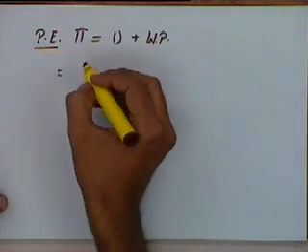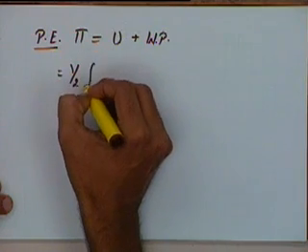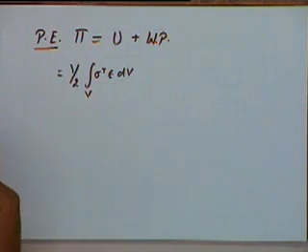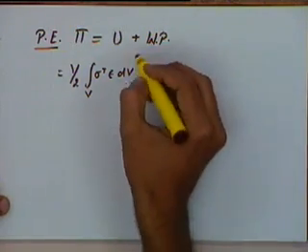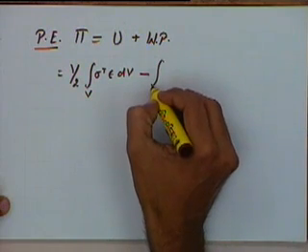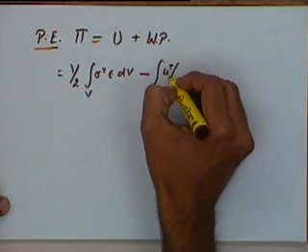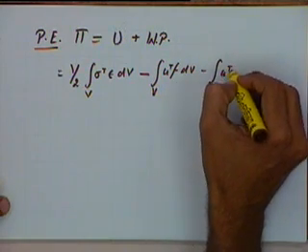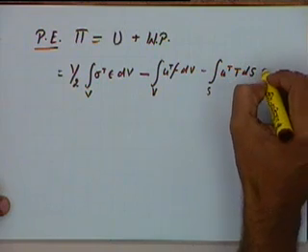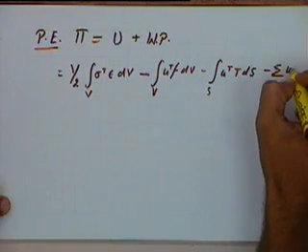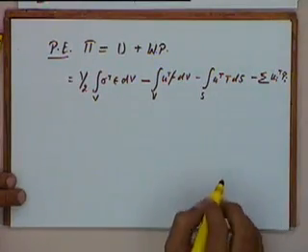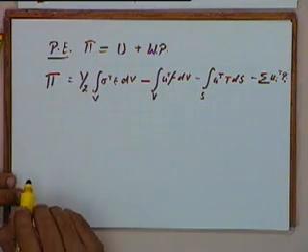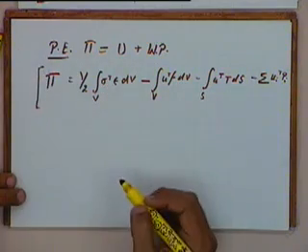The term U is half of the volume integral of sigma transpose epsilon dV, minus the work potential, which is given by the volume integral of u transpose f dV, minus the surface integral of u transpose t dS, minus sigma ui transpose Pi. Okay, this is the expression for pi, the potential energy, and this we are using in the Rayleigh-Ritz method.